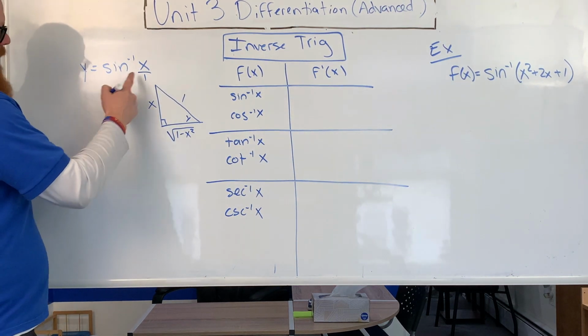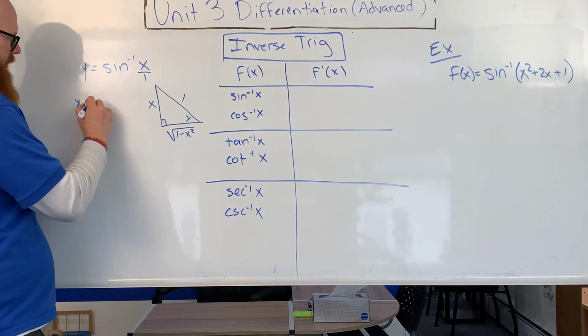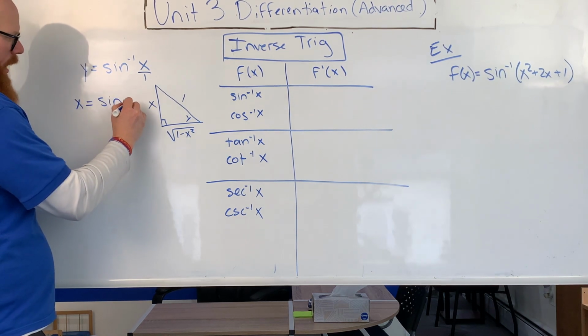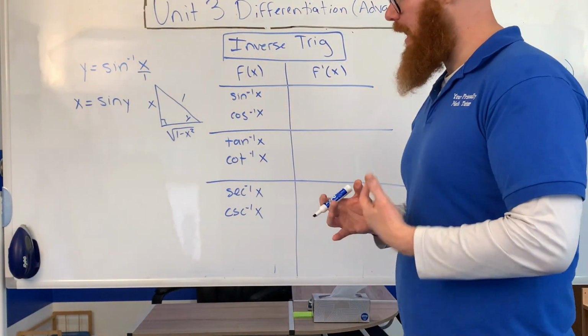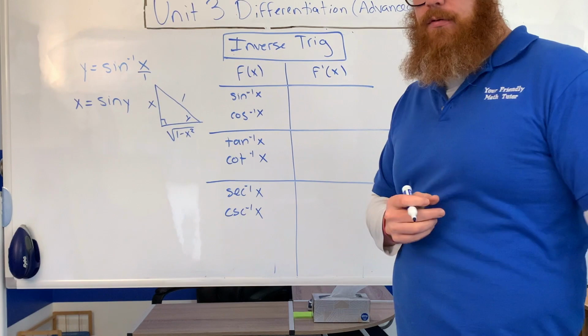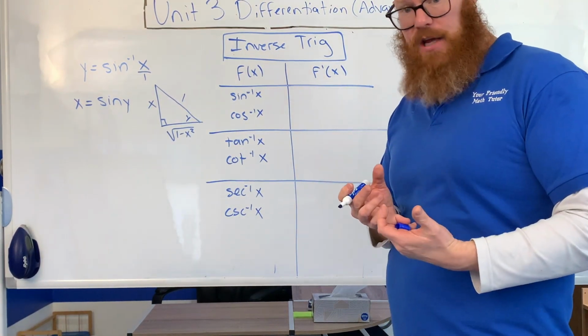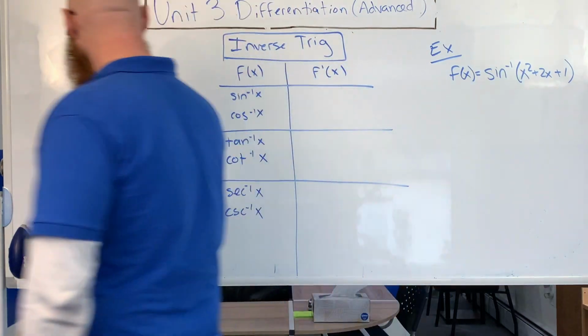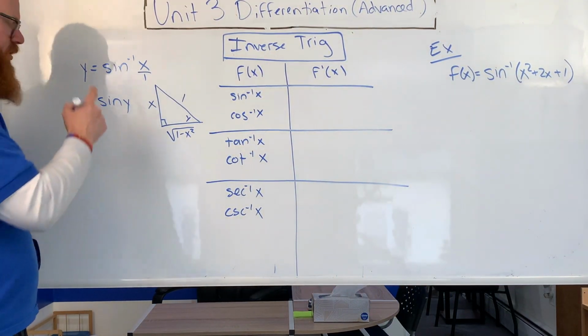If I think about this, y equals sine inverse of x is the same as saying that x equals the sine of y. The sine of our angle is equal to x. And then I'm going to take the derivative. We can use implicit differentiation. The derivative of x is simply 1. And the derivative of sine y, well, this is chain rule.